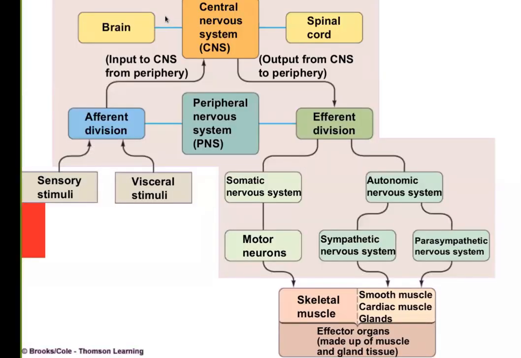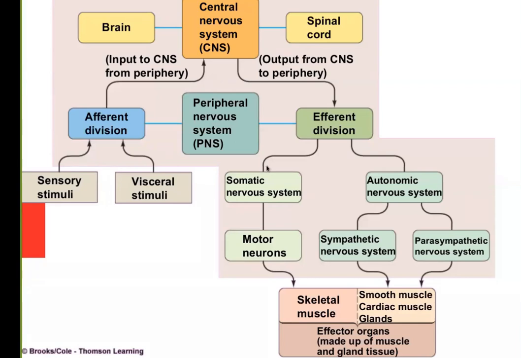We have many classifications of our nervous system. First of all, like I previously told you, it's central and peripheral. Central is brain and spinal cord, peripheral is nerves and ganglions.